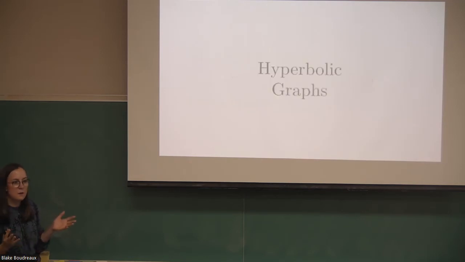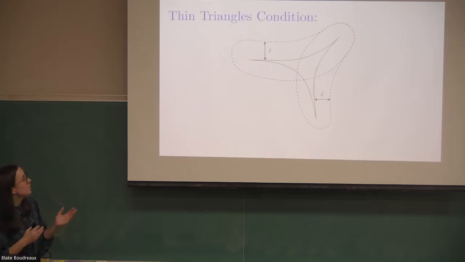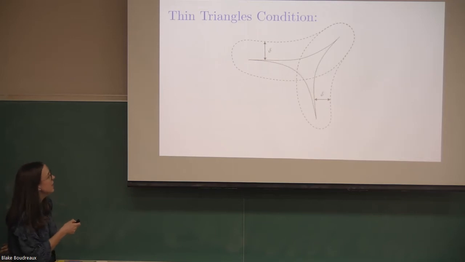So the final theme I want to discuss today is the theme of hyperbolic graphs, and in particular, groups acting on hyperbolic graphs. The first thing I have to define is a thin triangles condition. Here I have a triangle, and notice that around two of the edges, I've drawn this delta neighborhood.